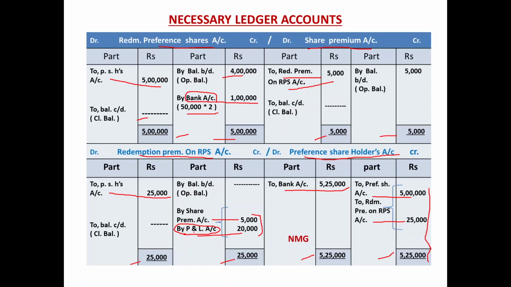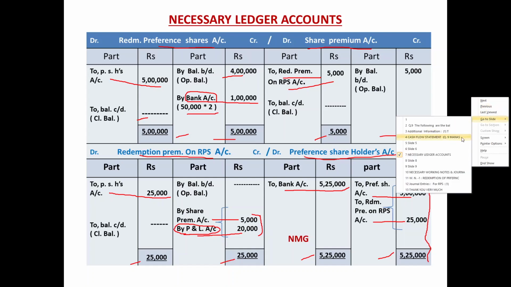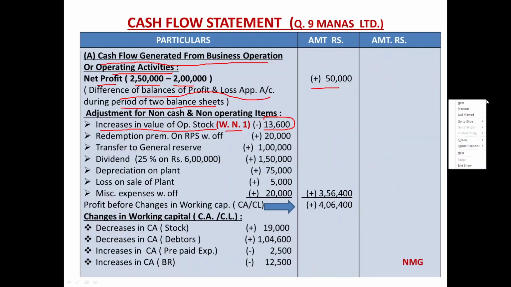Does it look like a cash transaction? Does it look like an operating transaction? No, it is not an operating transaction. So let us add it back in the current year's net profit once again under first title, adjustments for non-cash and non-operating items: redemption premium on RPS written off plus 20,000.